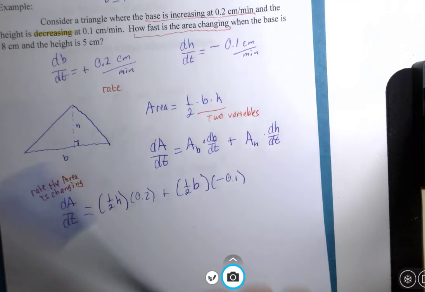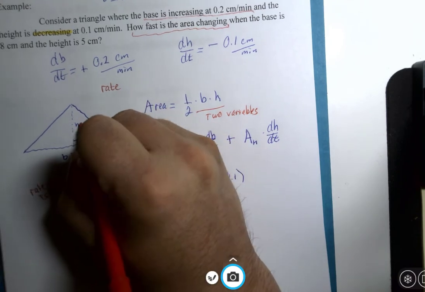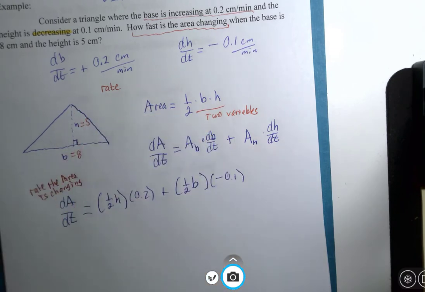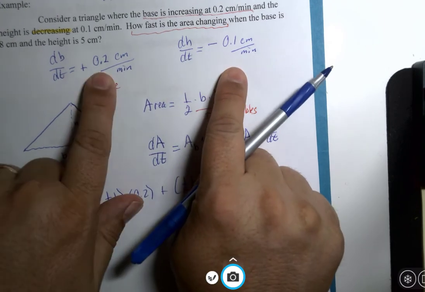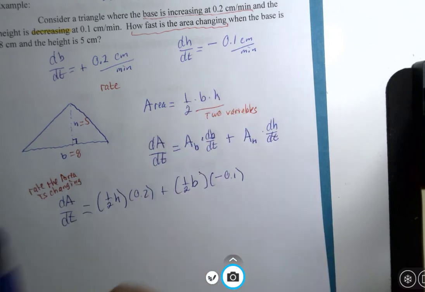how fast is the area changing at the very moment in time when the base is 8 and the height is 5? Okay? Until you take your derivatives, you can't plug in those numerical values. Those values are changing. It says they're changing. So that means they have to stay a variable until after you do the calculus.